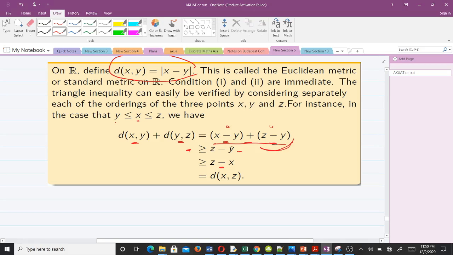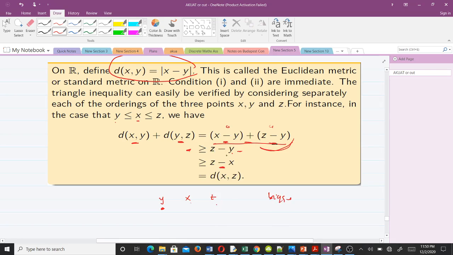And the reason why we are saying that is because, sorry, this z minus y here is greater than or equal to this z minus x. So the reason we are saying that is that we have 3 points here, y, x, and z, and y happens to be the smallest. So that means when you take this y from z, what you will get will be bigger than when you take x from z.